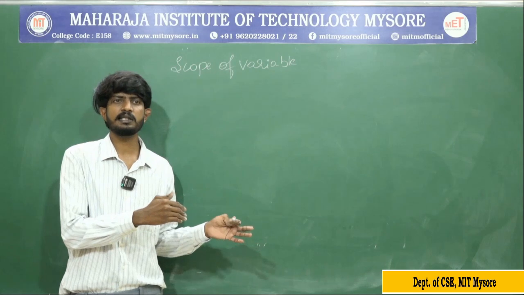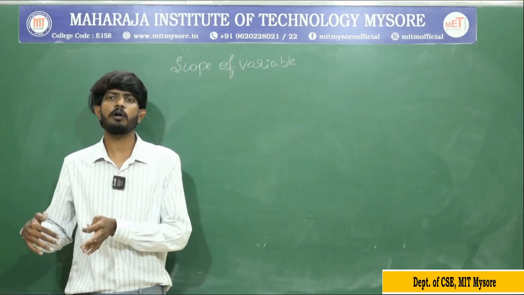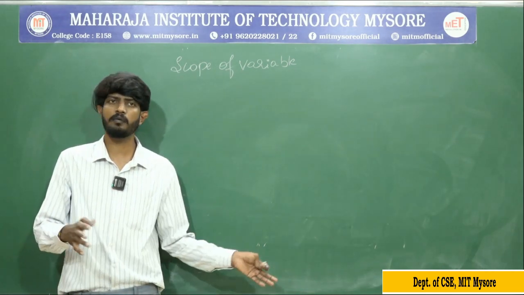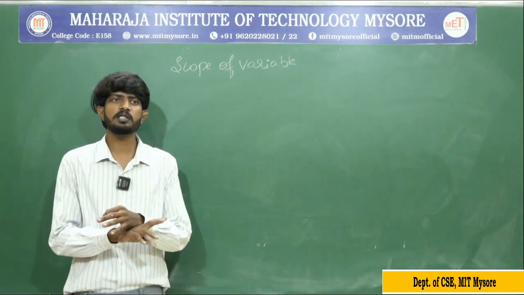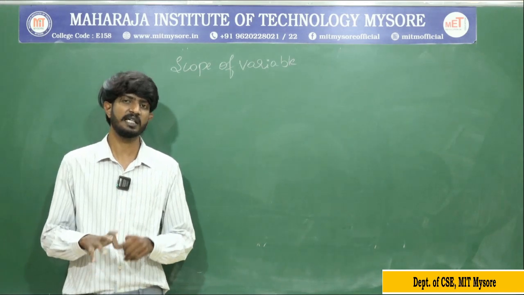The initialization is the birth of the variable, and the final execution of that block is the death of that variable. After executing the whole program, the variable values will be lost. The variable will deallocate its memory location and will be destroyed.